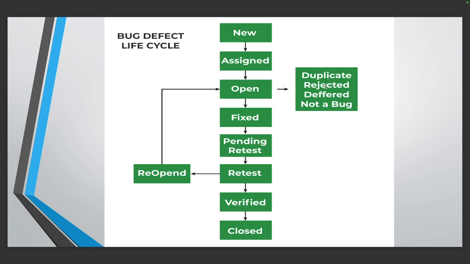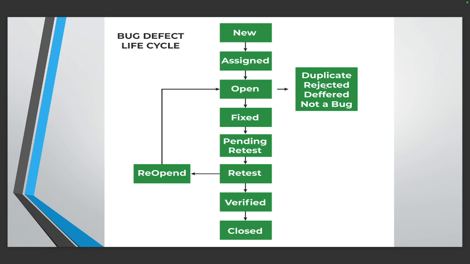The cause of rejection may be any of these three: duplicate defect, not a defect, and non-reproducible. I can't reproduce it again. Okay, so it will be rejected for duplication, not a bug, and so on.